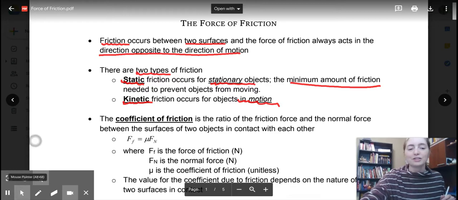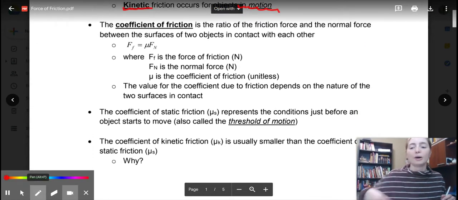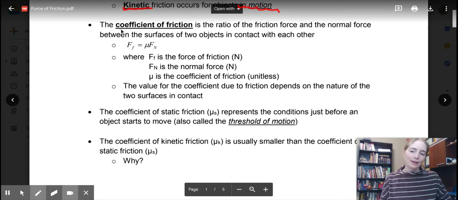Let's scroll up a bit. Now we have our new item of the day, ladies and gentlemen, the coefficient of friction. This is the ratio between your force of friction and your normal force.